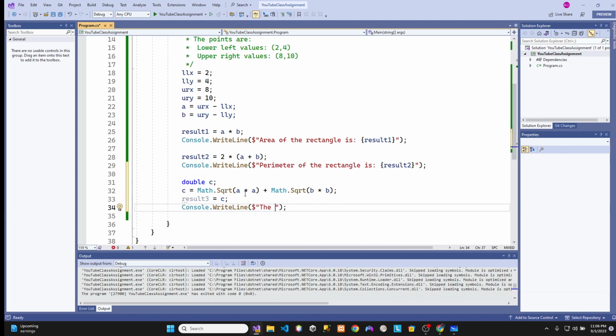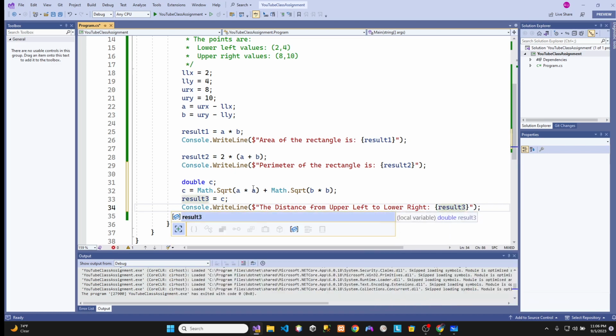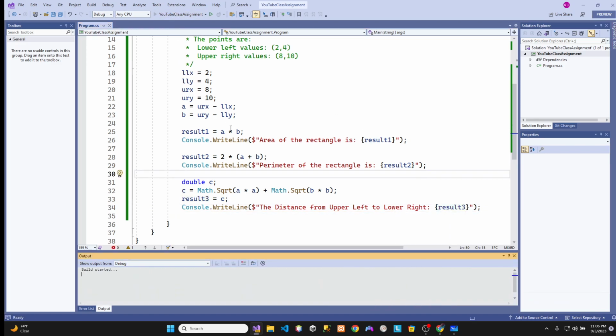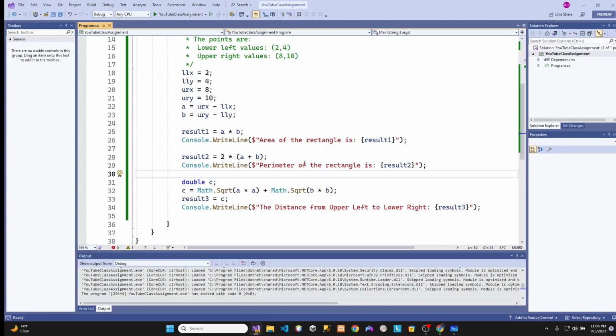The distance from upper left to lower right is C. Sorry, not C. Result 3. We got 12. But there's something wrong then.